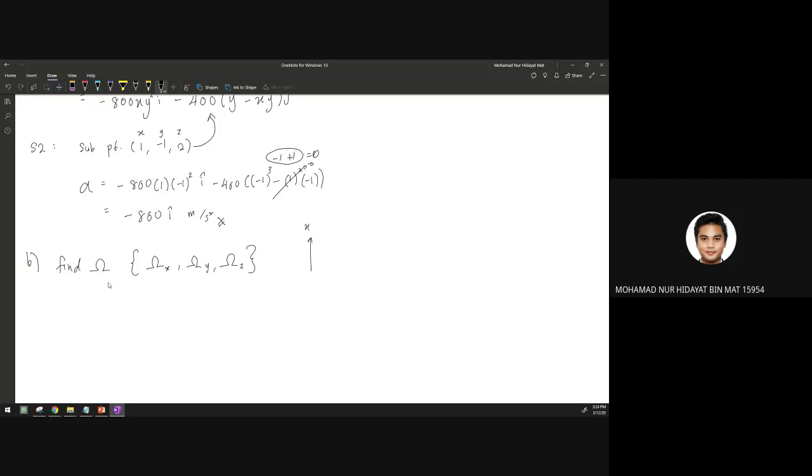Your thumb points to the x direction, but your fingers curl toward this direction. So we call this the positive x direction with respect to your thumb. You can try on your own. This is considered a positive angular velocity.